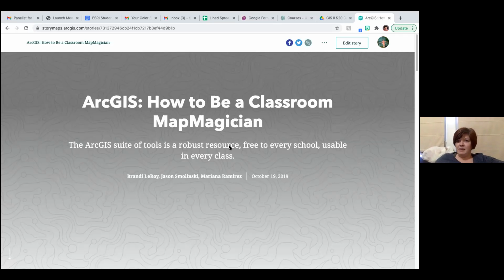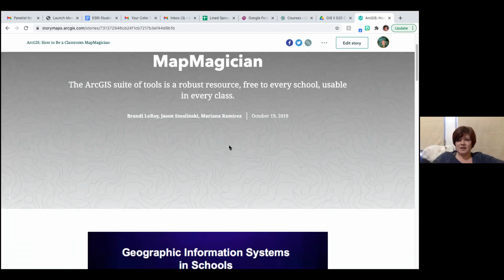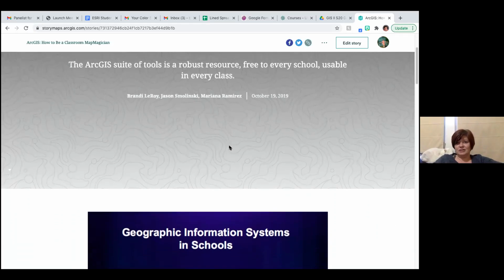So if I just need a map, I'll go to arcgis.com and log on and pull up maps that way, and I can change the base maps. But it is a suite of tools, a robust resource that's free to every school, and it's usable in every class, not just social studies, sciences, English, you name it.